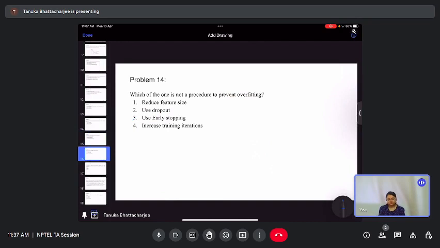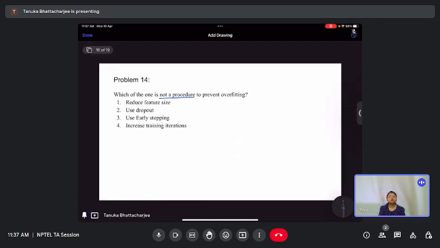Moving on to the next one, which of the following is not a procedure to prevent overfitting? Reduce feature size. In case your model is overfitting, that means it is learning too much detail of your training data. If there is some noise, that also is getting learned.